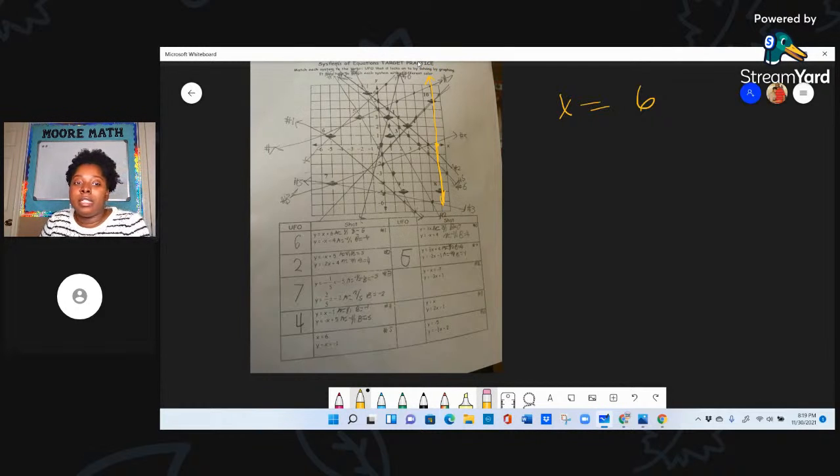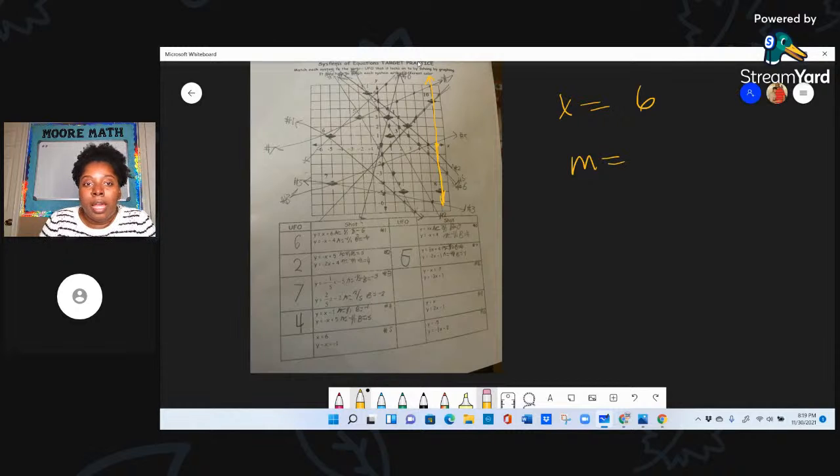What do we call this line? When there's a vertical line, what's the slope? 0. I mean, undefined. Okay, so M, your slope, is undefined.